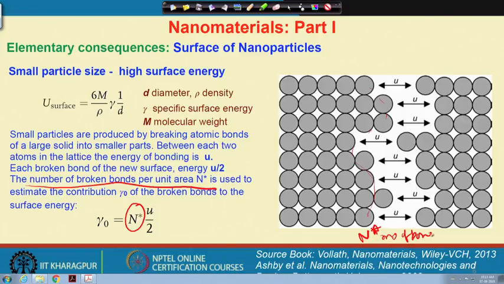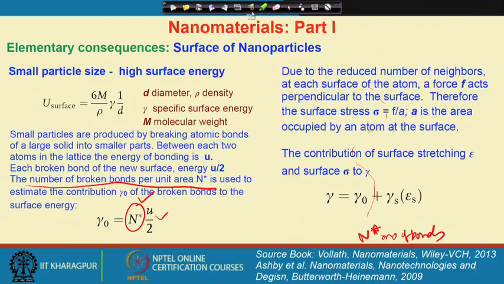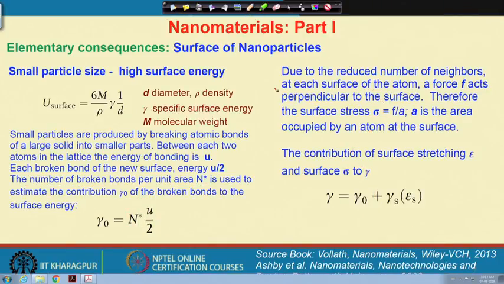Then I can multiply n star by U by 2 for a single particle. So, the contribution to the surface energy gamma 0 comes from the broken bonds. Now, there are some other components that contribute to that surface energy.